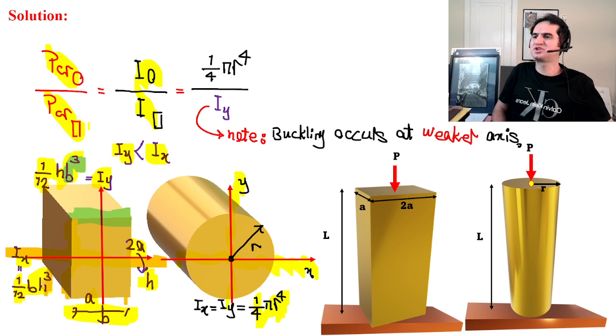We know buckling occurs about the weaker axis, and Iy is definitely the weaker axis. So we need to use 1/12 h times base cubed. For the circle, there is no difference because both axes are identical.